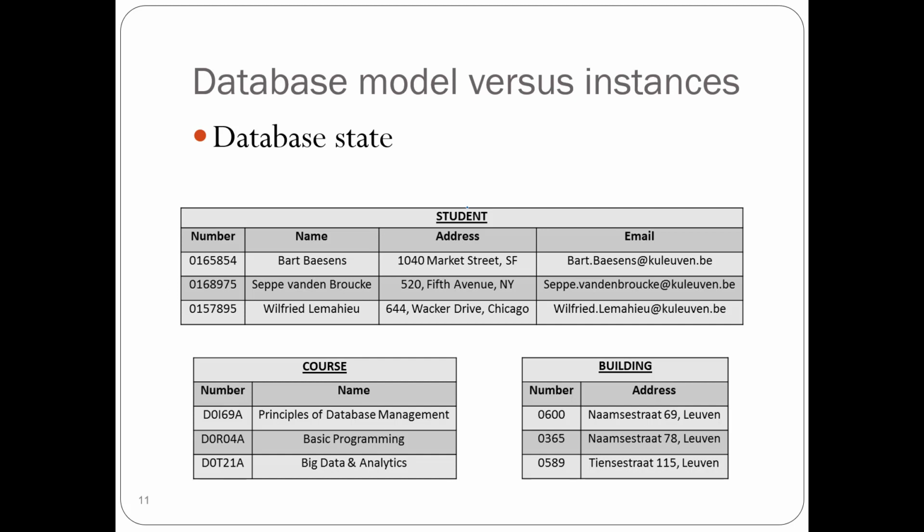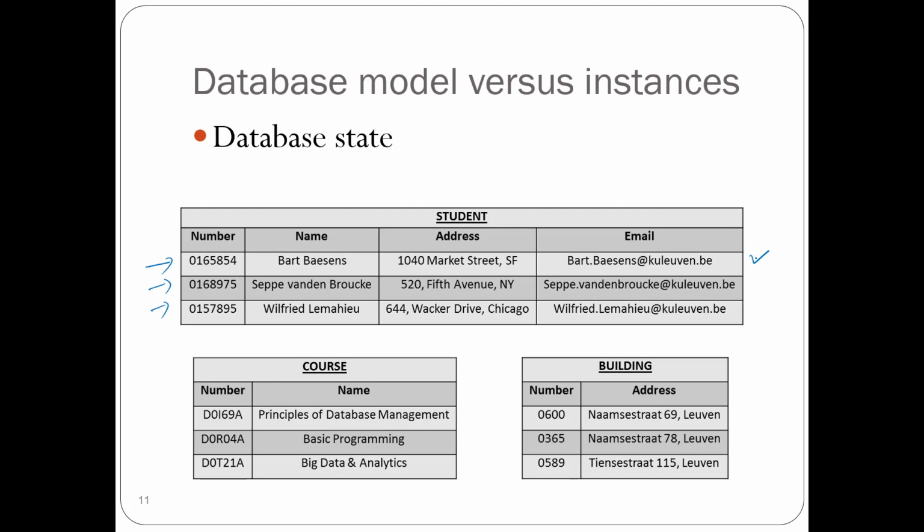In the database state, you have three records for the student. Here we have these three students. More students may register, so the state will change. In place of 3 students, say 10 more students registered. I'm avoiding the term table, but let's use it casually.